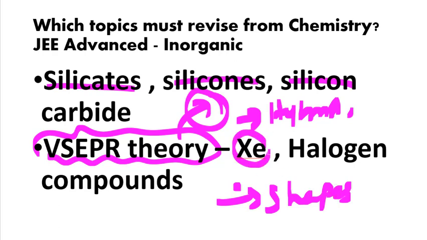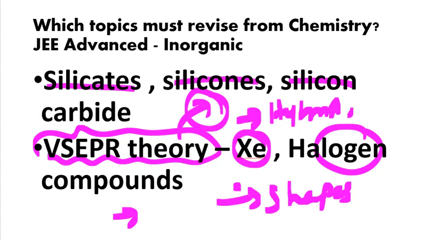Focus mostly on xenon and halogen compounds. From VSEPR theory, have complete command or complete revision on hybridization, shapes, and also look at the number of lone pairs on the given compounds.